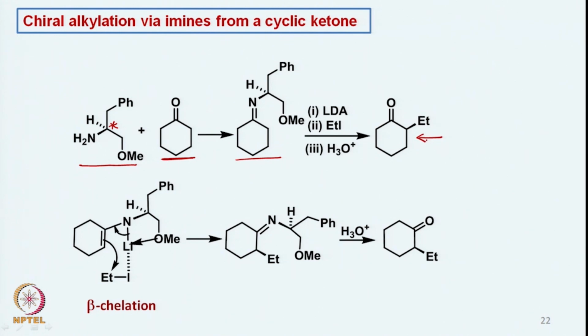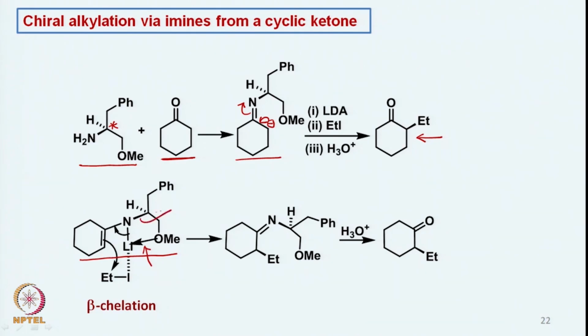So what happens here is that the geometry of the final molecule depends on the intermediates that are formed. When the anion is formed from here, it can be resonance stabilized, and therefore this kind of enamine is formed, and this enamine is such that the chosen part of the amine allows O chelation with the lithium.